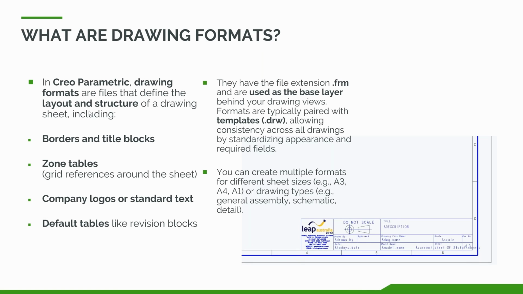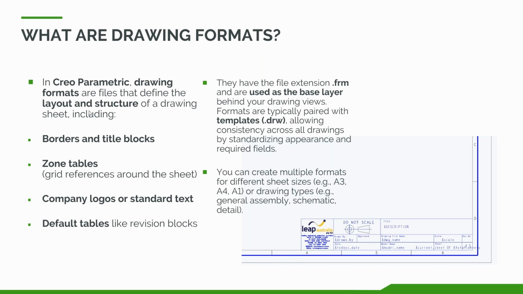It's FRM, and effectively, the format file contains things that really just control things like the sheet size and the title block, and if you've got a company logo and company information, that's really at the high level what it can do. It also importantly can pull through parameters, model parameters from the individual models.